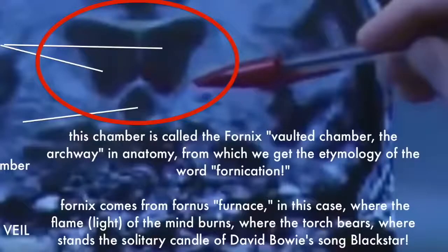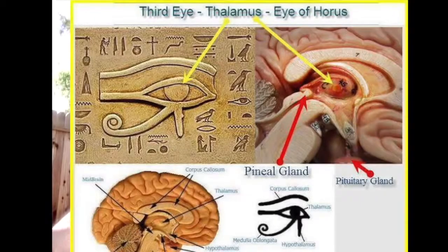And the third ventricle is where the pineal gland is located, as well as the pituitary gland. And the pineal gland is obviously what we know as the third eye. So this third ventricle is where we find the third eye: the third ventricle, the third eye, the vaulted chamber.